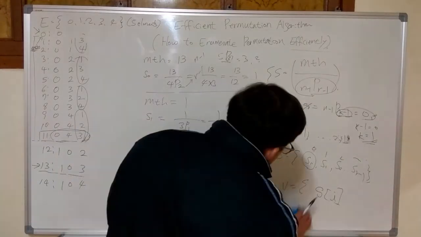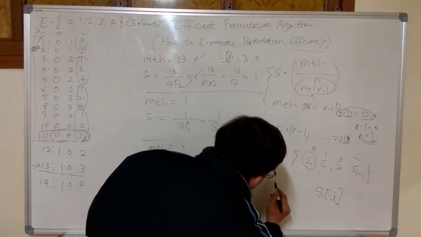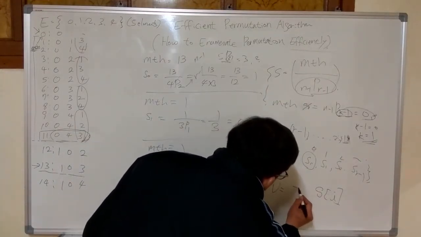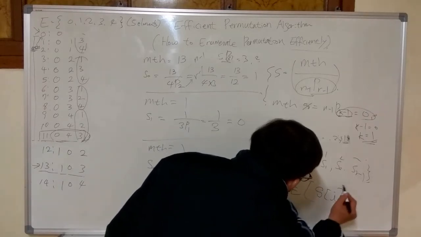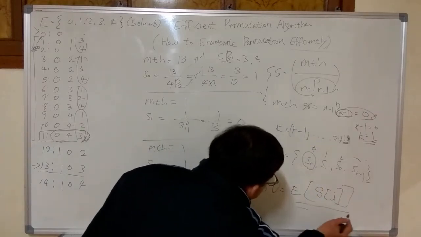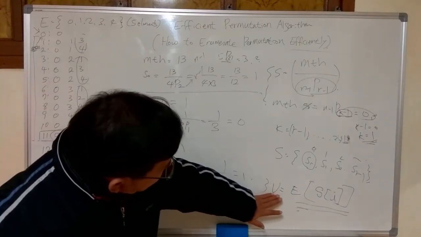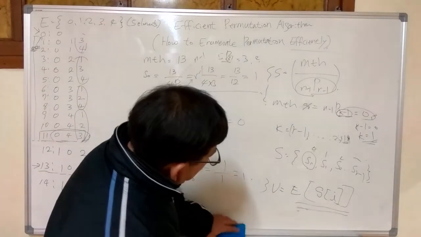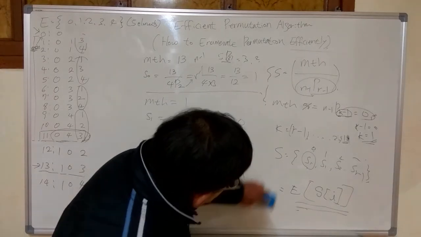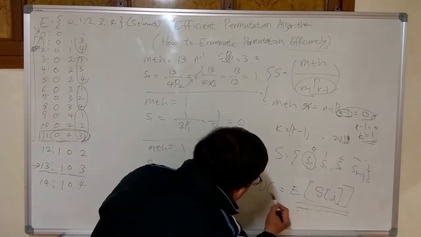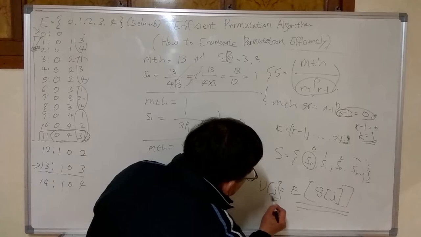V is an index. Okay? So V becomes V0, Vi becomes like this.